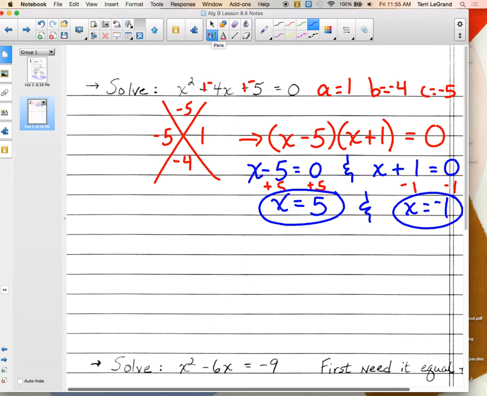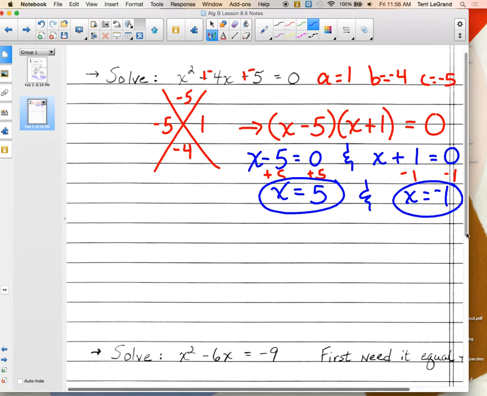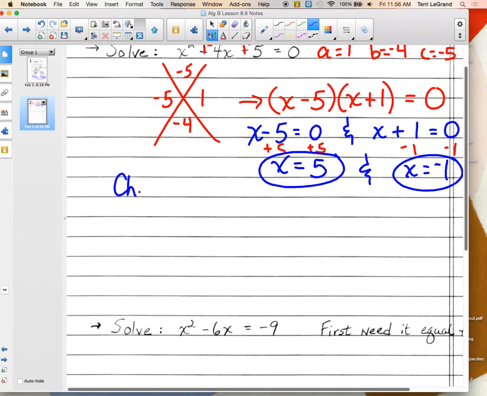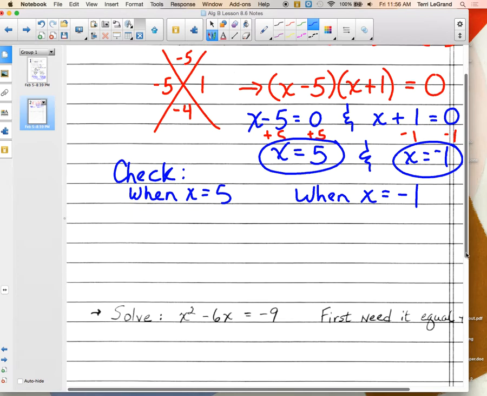So there are 2 zeros, 2 solutions, 2 places that parabola will cross the x-axis according to us. But we don't know for sure until we do what? Check problem. Okay, so now we will check them. We'll do when x equals 5, and when x equals -1. Those are the 2 that we believe are solutions.